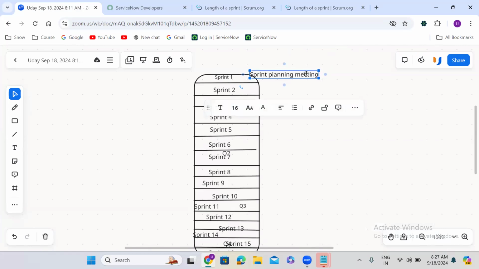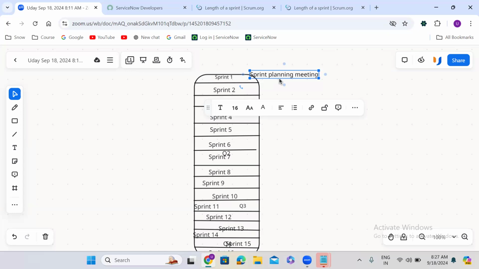As there are 16 sprints, the sprint planning meeting happens 16 times in a year, guys.